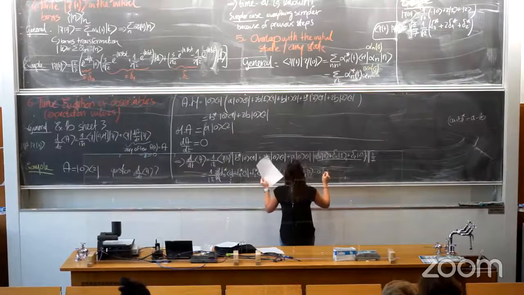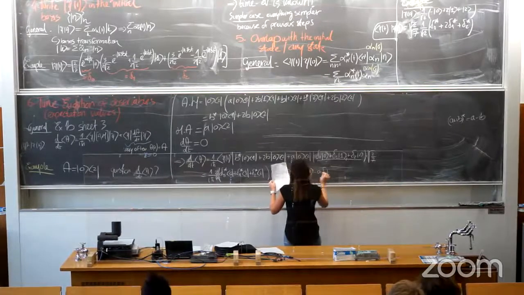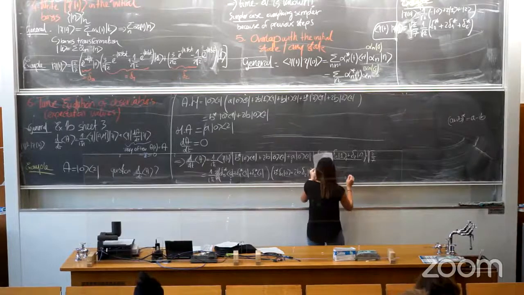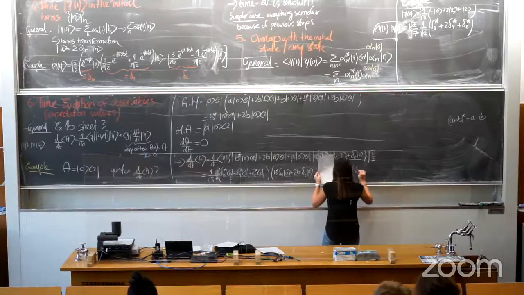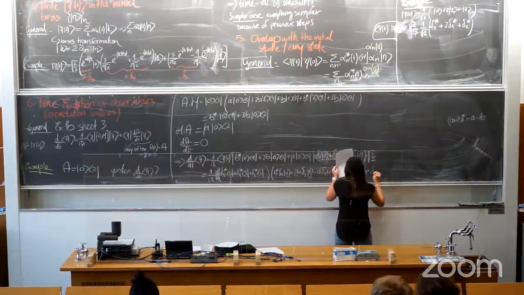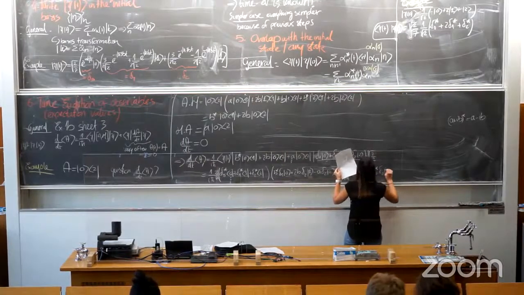Here is a 0 and there is a 0, 0, 0. And this will give me 1 over H rho 0 delta rho 1 plus rho 0 delta rho 2 of 2B minus A.